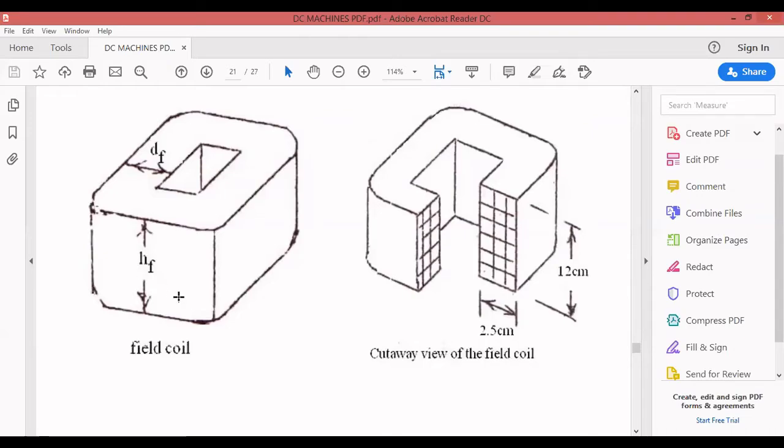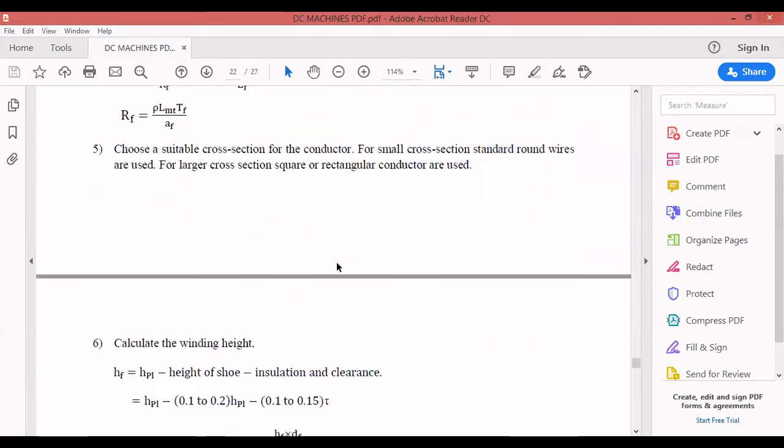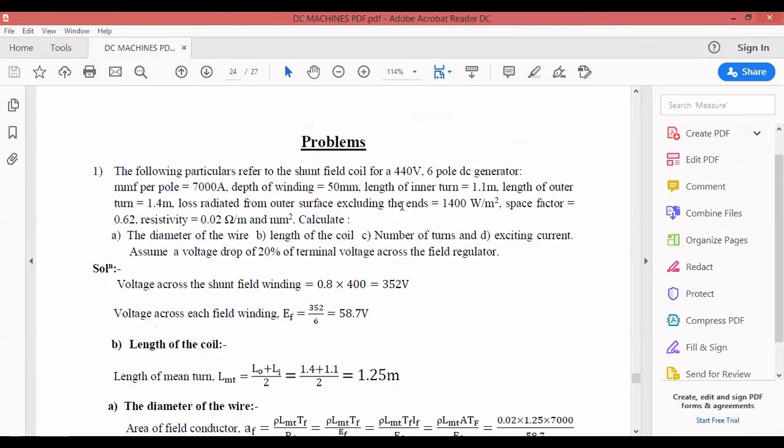They are given in the problem based on the condition, and you have to calculate the loss. In this problem, they ask for the loss dissipated or radiated from the outer surface of the coil. That I have to take into consideration. It is given as 1,400 watts per meter square. So per meter square, the loss will be 1,400 watts per meter square.